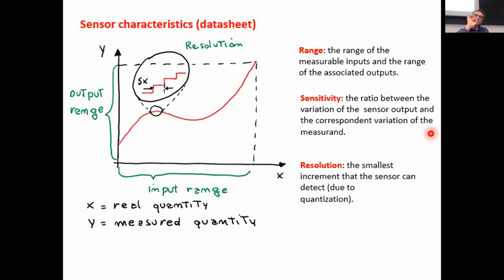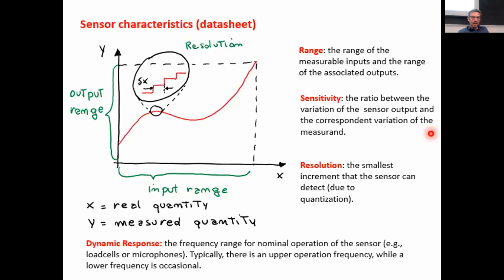And this is the smallest increment in position that the sensor is able to detect. In the middle, the output is always the same. Whenever there is this minimum increment that is represented by the resolution, there is an increase in the digital output.